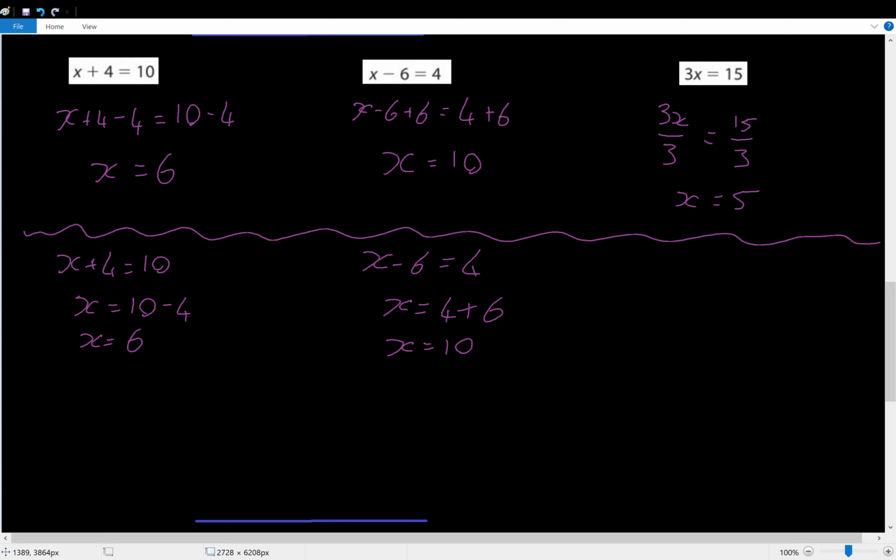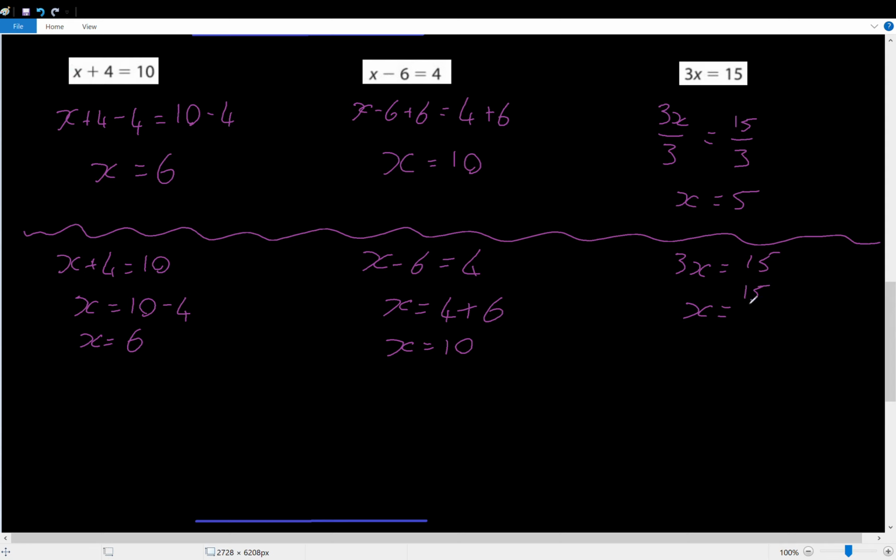And we've got the same thing going on over here. So for the last one, we have 3x is equal to 15. And we're going to take our 3 and bring it across. Now this one's a little bit less obvious. For the previous two, a plus became a minus, a minus became a plus. This time though, 3x is x multiplied by 3. So when we move the multiply by 3 across the equals, it becomes divide by 3.